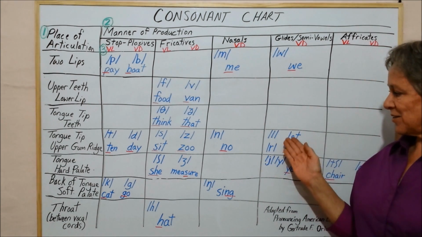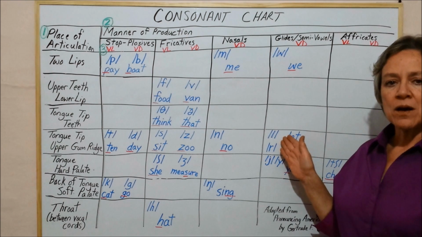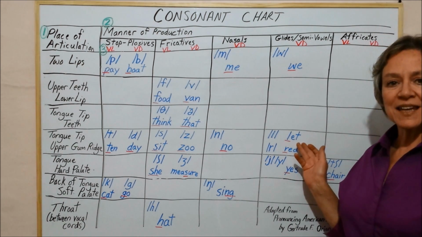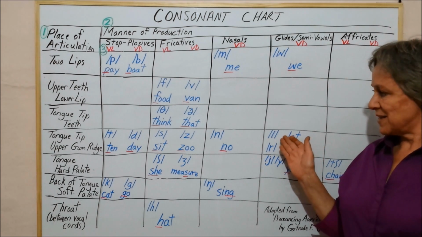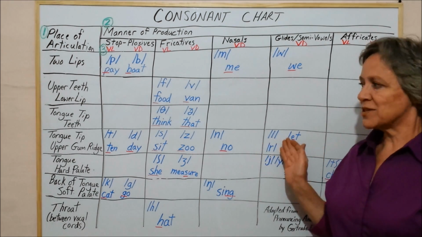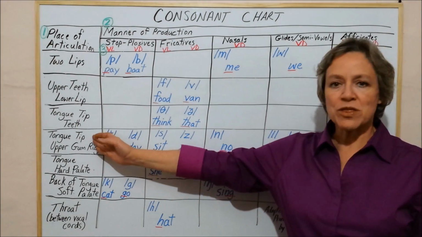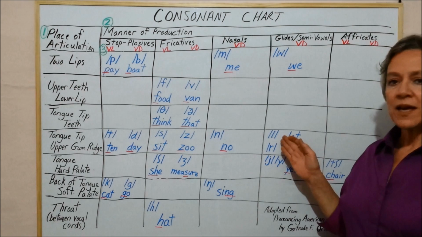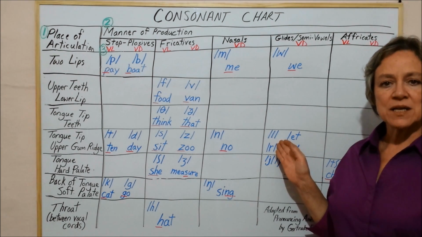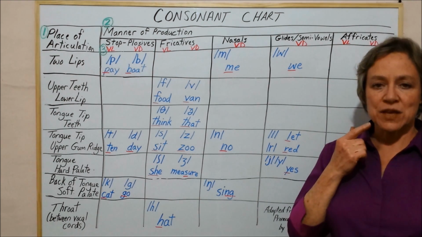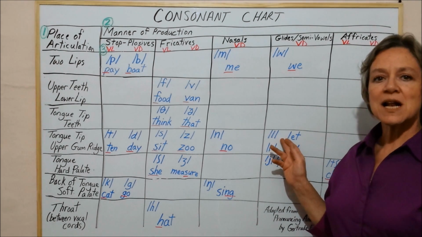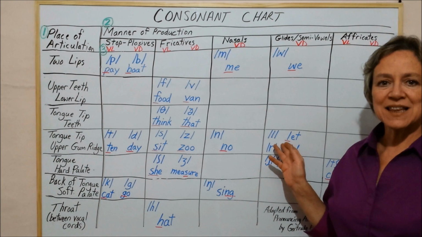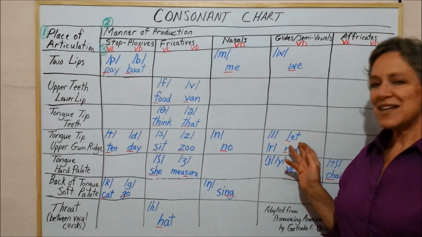The next sound here, we have l, as in let. Both of these sounds, this sound is made with the tongue tip and the upper gum ridge. For this sound, the tongue touches the upper gum ridge. Okay?